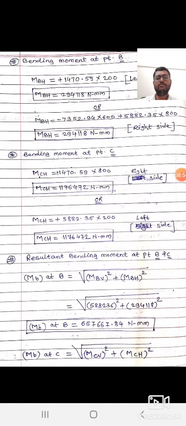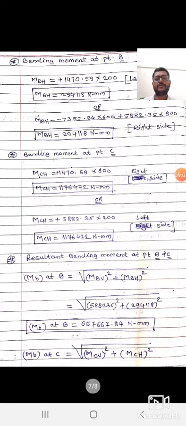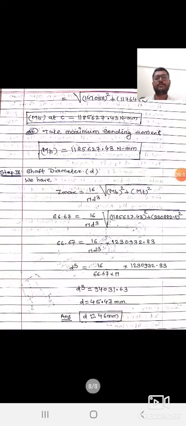Then next bending moment at point C, that is again we use the same formula to find the resultant bending moment, that is equal to under root of MCV square plus MCH square, that is bending moment at point C for vertical square plus bending moment at point C horizontal square, that is whole square under root of this.